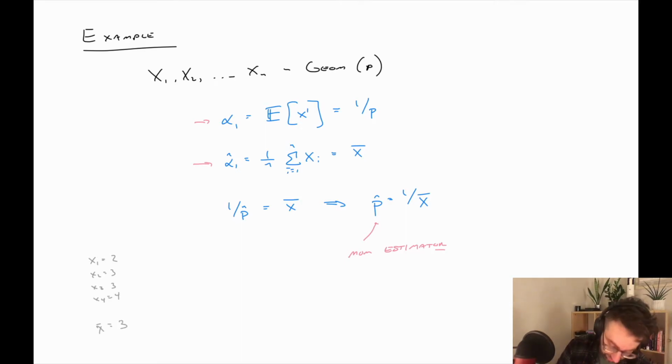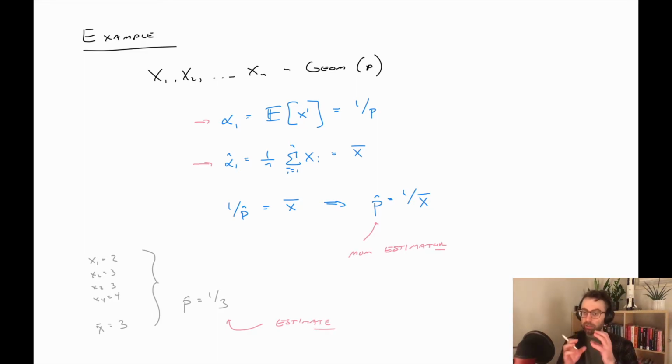So for this particular data set, we would have p hat is 1 over 3, right? So this is an estimate. So an estimate is something for a particular data set. An estimator tells you, hey, with some data, what is the procedure I need to do to spit out a numeric answer? It's a minor point, but I think it's important that you keep those two things separate. An estimator can be viewed as a statistic. An estimate is a value of a statistic when it's applied to a particular data set.